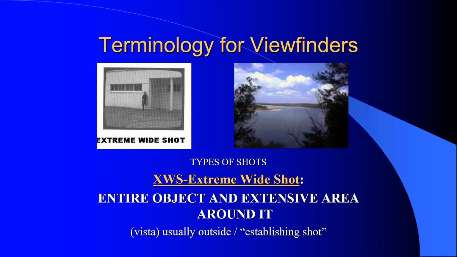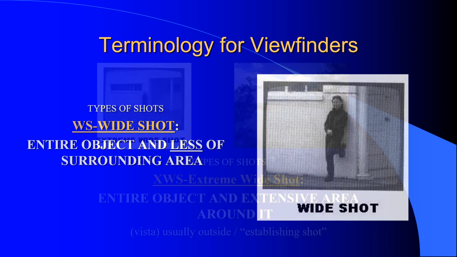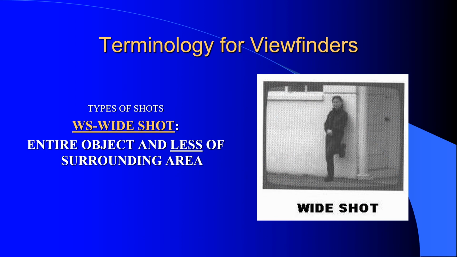The idea here is that you are establishing the place, the area where the action for the next scene is going to take place. The next is the wide shot, which is moving in a little bit closer to the object so that you include the entire object but less of the surrounding area.